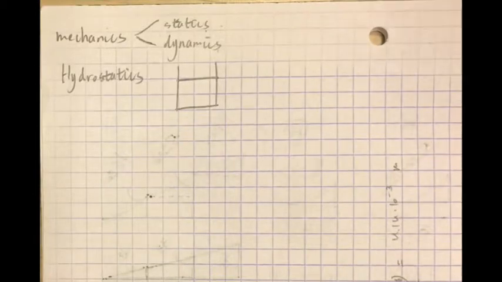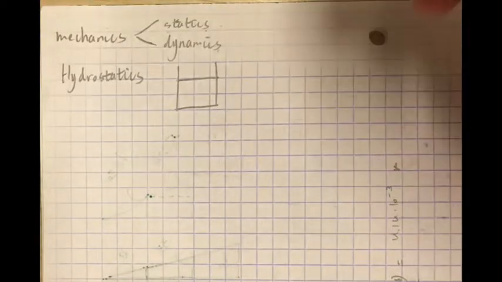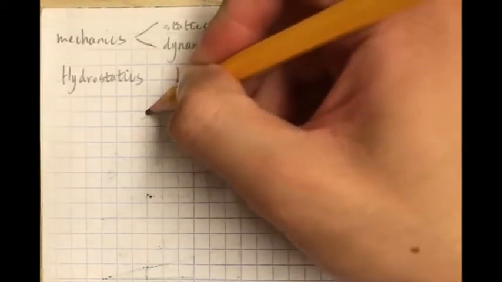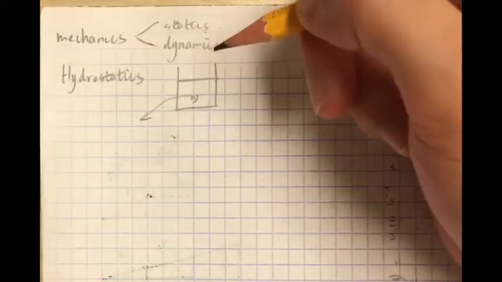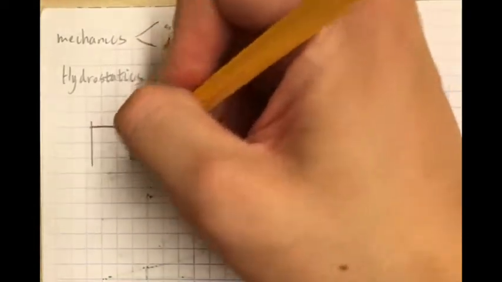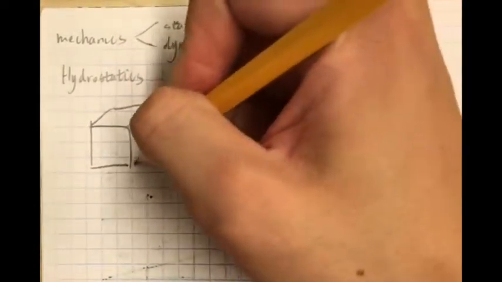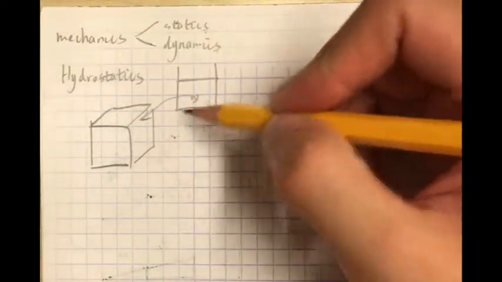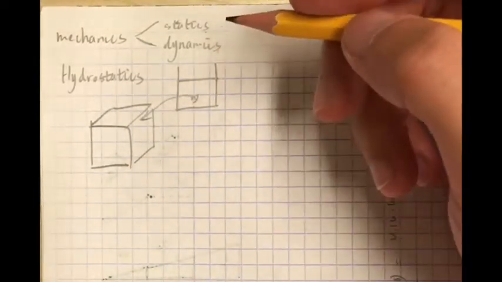So let me give you an example how that works. Here we take out a small sample of the fluid, and we can call that sample a fluid particle. It's easier for us to just investigate a small cube rather than a ball or something, by the way.